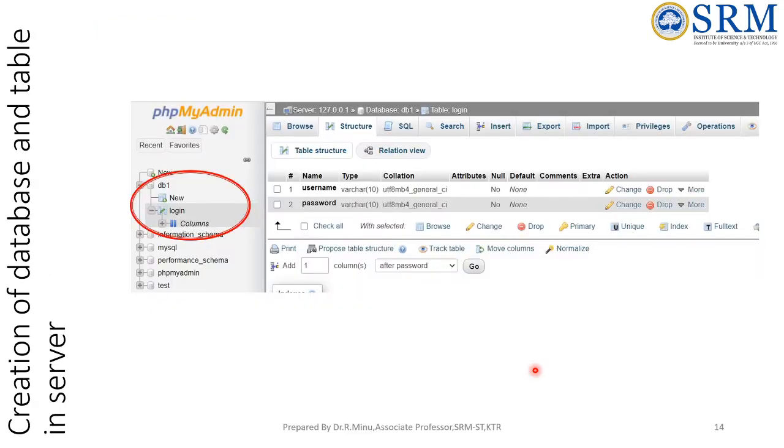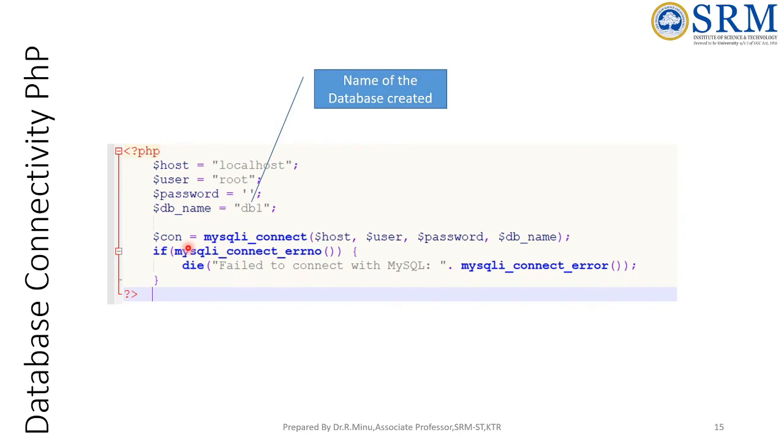Once you have created all this in your server, something like this will be seen, which I will show shortly. In the coding, as I said, there will be two programs, one for connectivity and another for authentication. Authentication.php will work once you submit the form on the client side.